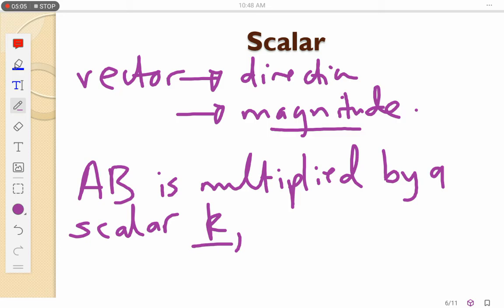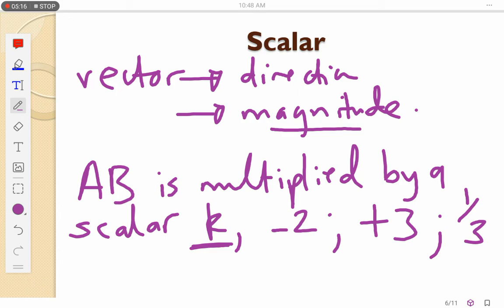Our k can be any number. It can be -2, can be +3, can be a fraction, and so on. We say the result of our AB by the scalar will be k times AB. Let me show you what I mean.